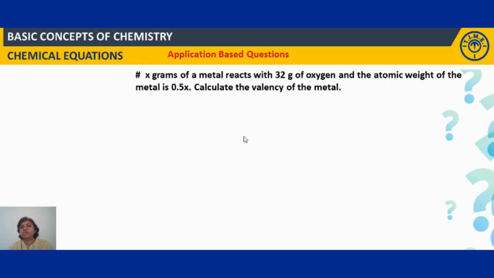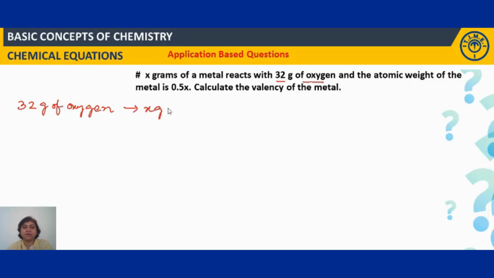Okay. So let us see how will you do it. Here X grams of a metal reacts with 32 grams of oxygen. Let us look at this part of the statement. So we will write here, 32 grams of oxygen reacts with how many grams of metal?